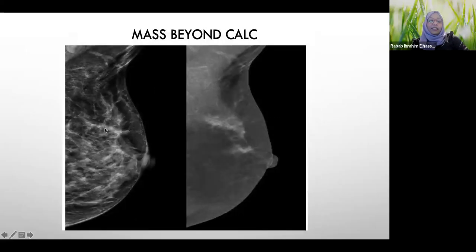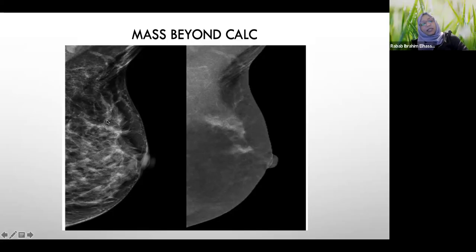I don't know if you can see this, but this is calcification detected by mammogram. And when they did the contrast enhanced mammogram, there is a large area of non-mass enhancement. And as you know, calcification is one of the areas that is difficult to manage in breast imaging. So we see calcification, we do ultrasound.